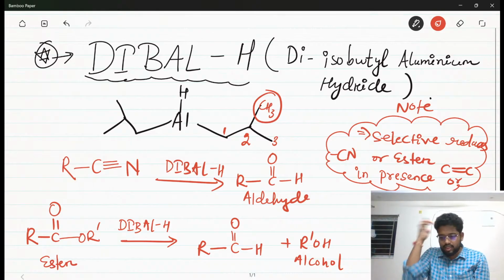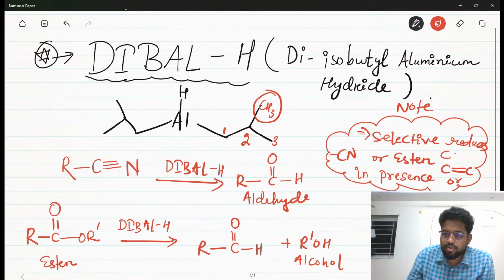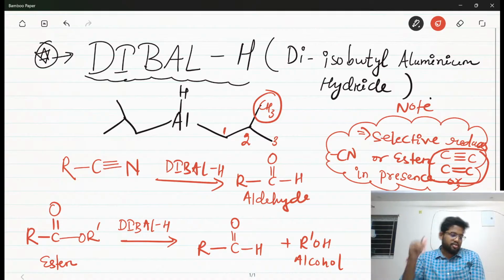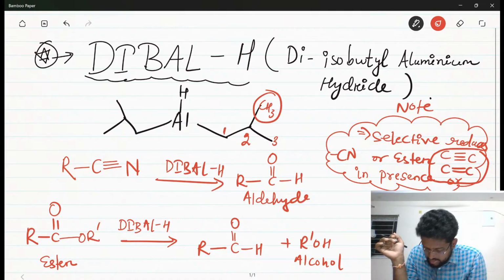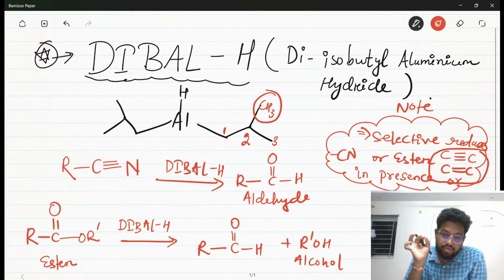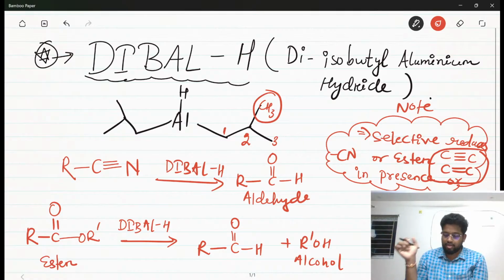You will get a question from here. If a double bond and a triple bond are present in the compound, DIBAL-H, which is a reducing agent, will only reduce the cyanide and ester, not touch the double or triple bond.